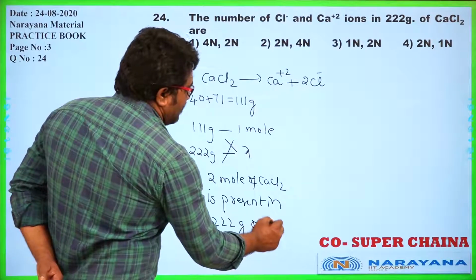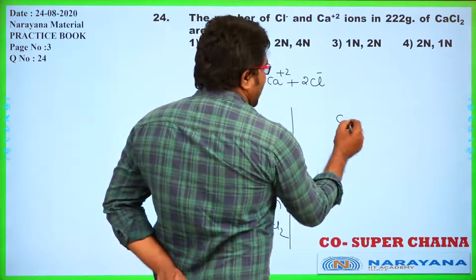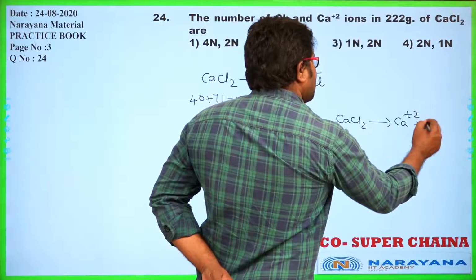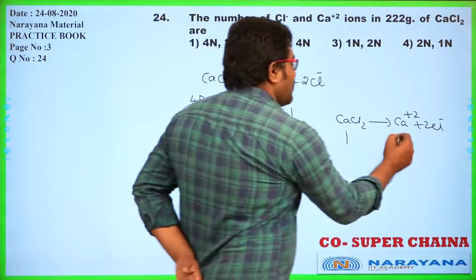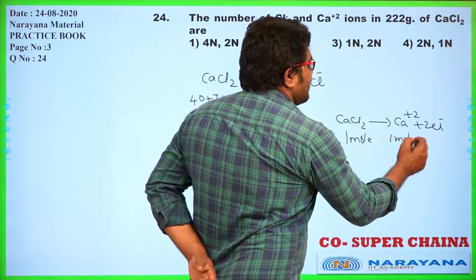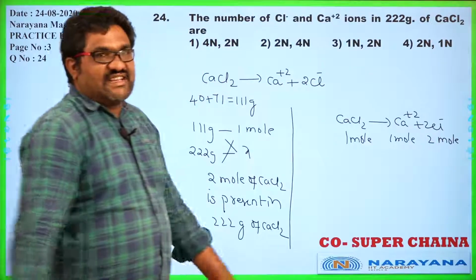See, from this formula, I am writing again this equation, Ca2 plus and 2Cl minus. For 1 mole of this compound, 1 mole of calcium ions and 2 moles of chloride ions are obtained.